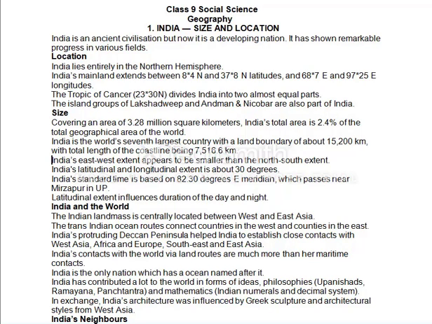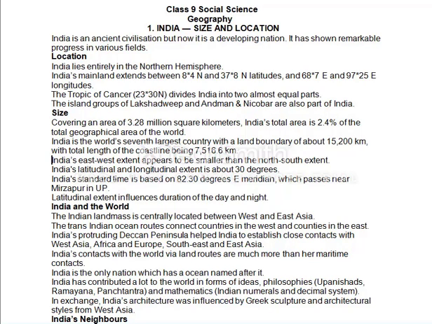India's mainland extends between 8°4' north and 37°6' north latitudes, and 68°7' east and 97°25' east longitudes. On latitudes, it extends between 8°4' north and 37°6' north.